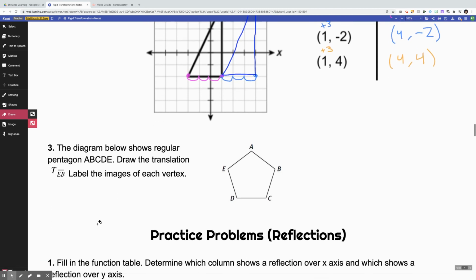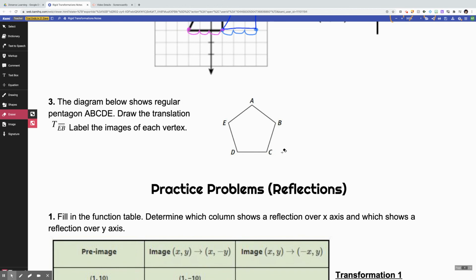Okay. The very last one that I want to do for you here is a translation that's not on a coordinate grid, where you just have a shape and it's asking you to move it somewhere. Notice that it says draw the translation EB. So that EB is your directed line segment.